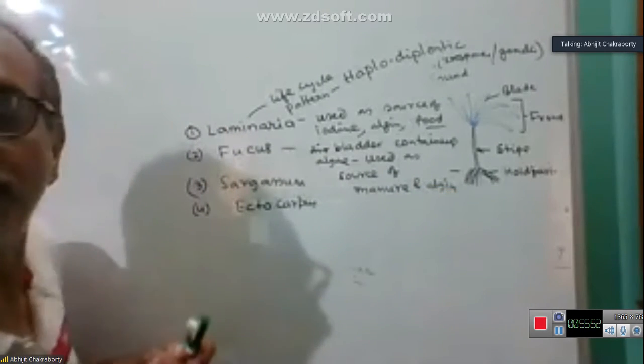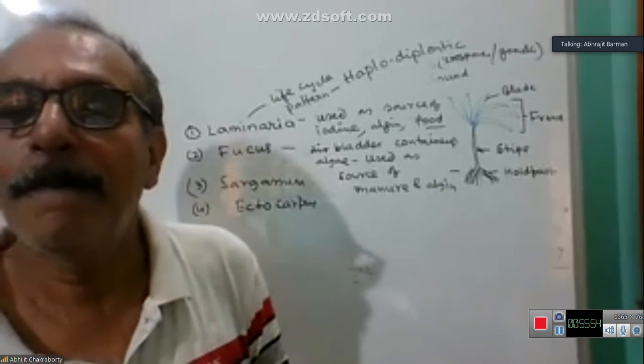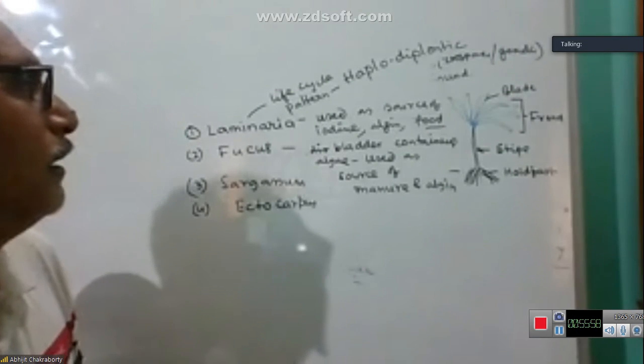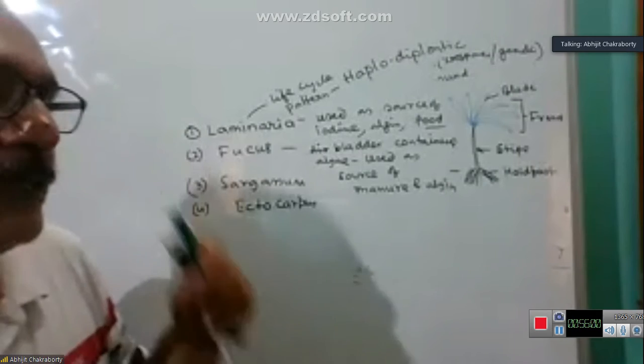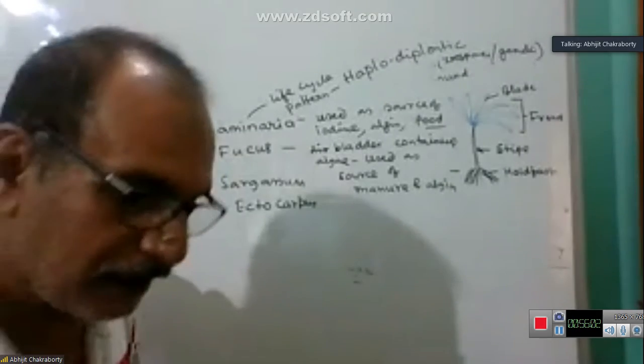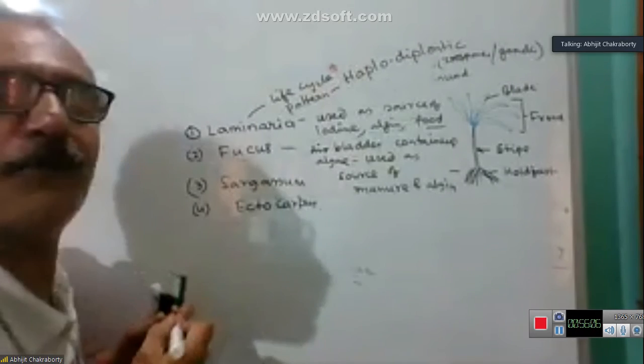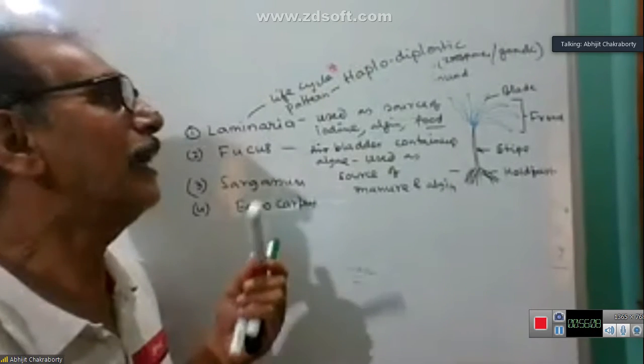Yes, tell me, sir. Laminaria belongs to... no, this is the exception. That's why I'm writing here. What I said is that in most algae the life cycle is haplontic, but there is an exception.